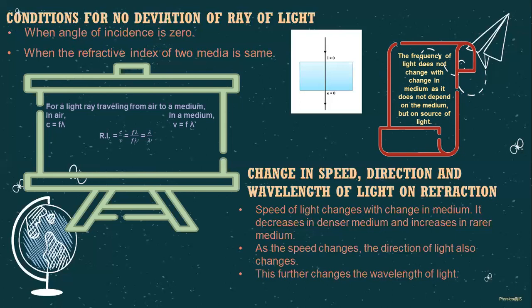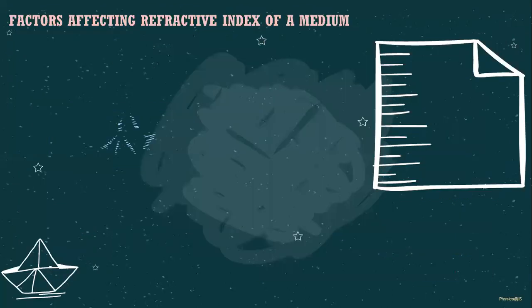Refractive index is equal to the speed of light in air to the speed of light in another medium. Putting the values, we get that refractive index is equal to lambda upon lambda dash. That means refractive index can also be calculated using the change in the wavelength of light.